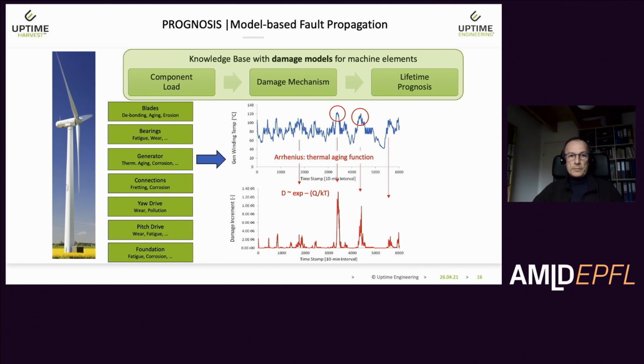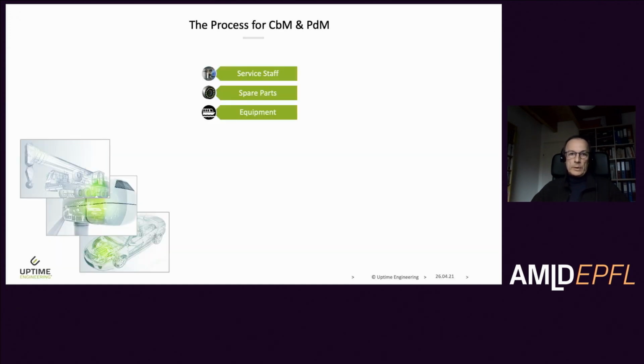That means as soon as we know the generator winding temperature time series, we can transfer this input series to a damage kinetics series, which is indicated here in this bottom sheet, and the integration of that time series delivers the time consumption, delivers also the failure probability, and in essence the urgency of a corresponding activity.